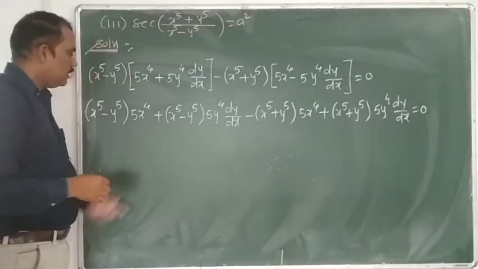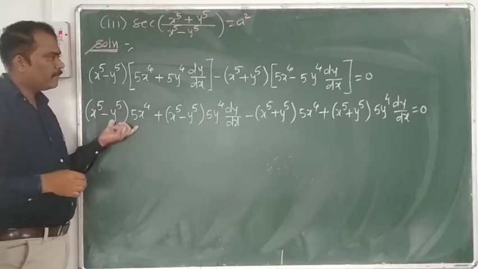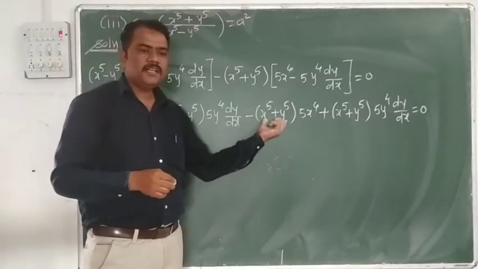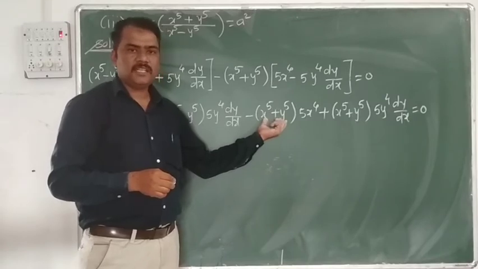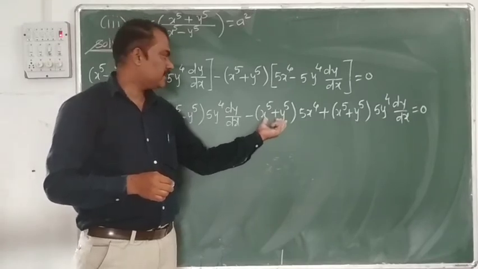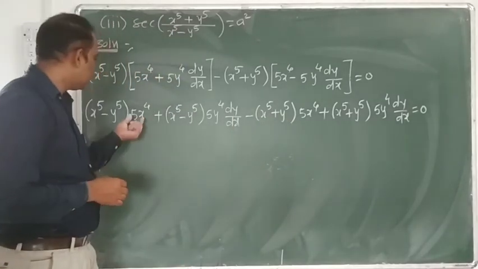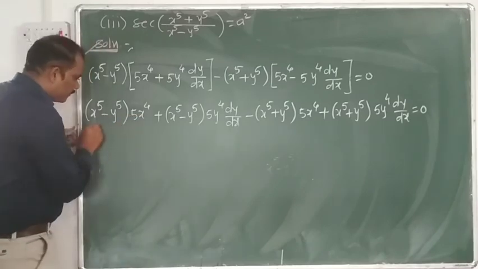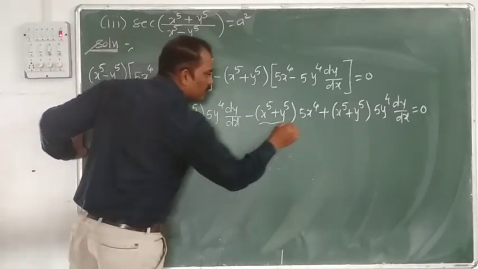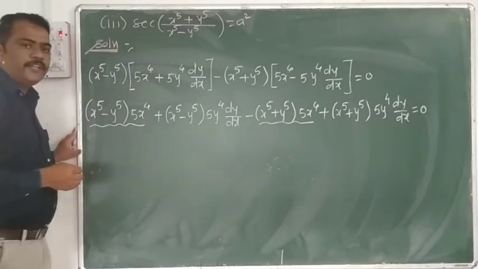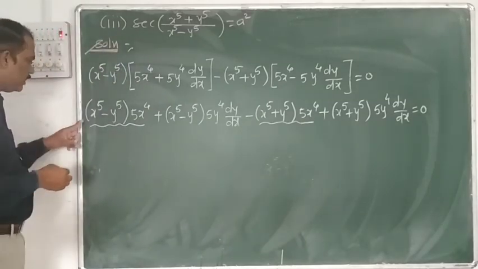Okay, here the first term and the third term do not contain dy by dx, that is the non dy by dx terms. From these two terms we have to take 5 into x raised to 4 common. So what is the remaining?